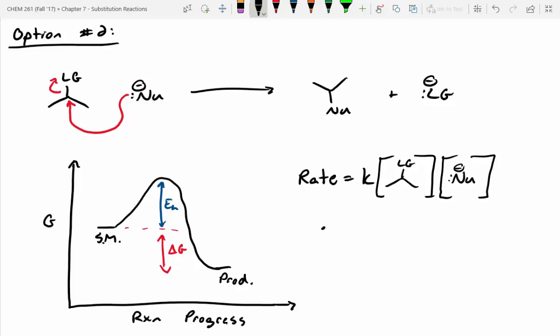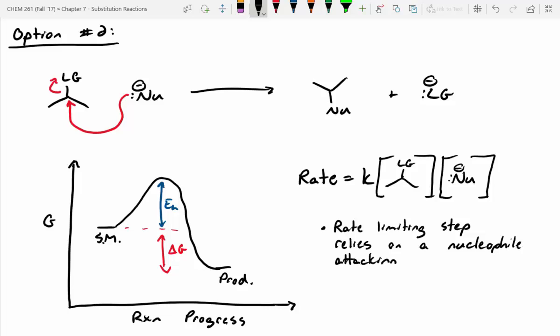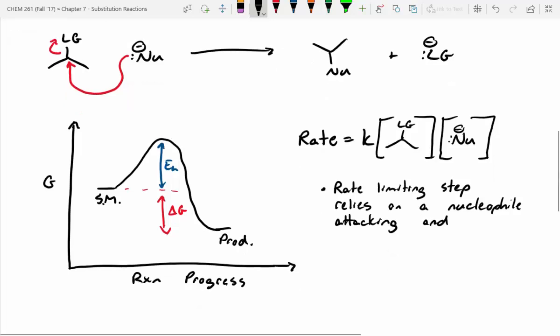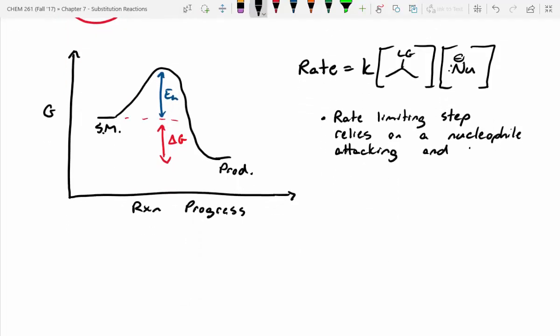And let's try to describe this. The rate limiting step relies on a nucleophile attacking and shoving off a leaving group. That's the scientific term.